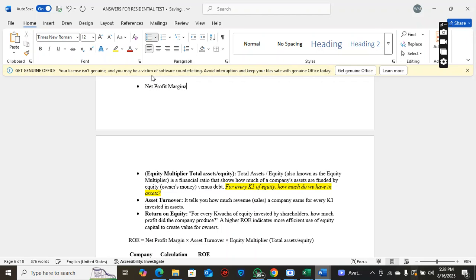Because when you are making a portfolio, you are deciding which companies to invest in. This is one metric you might be interested to look at, the net profit margin of the company. So what does net profit margin tell us?